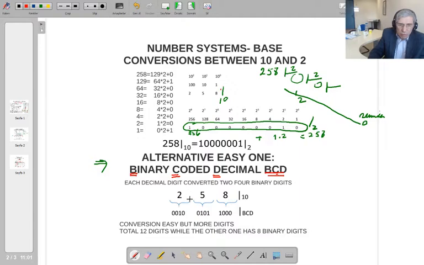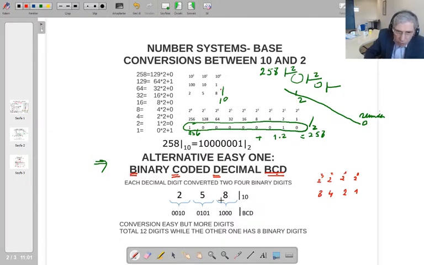We can easily do this. We know the positions of the 4-bit binary numbers: 2 to the power 0, 2 to the power 1, 2 to the power 2, 2 to the power 3. That is 1, 2, 4, 8.